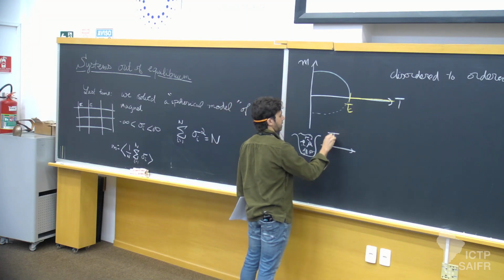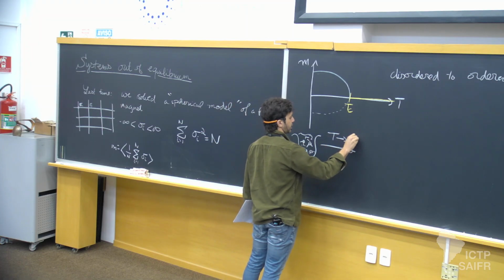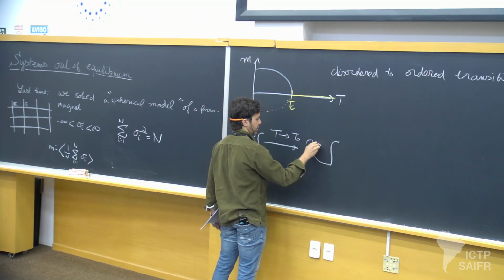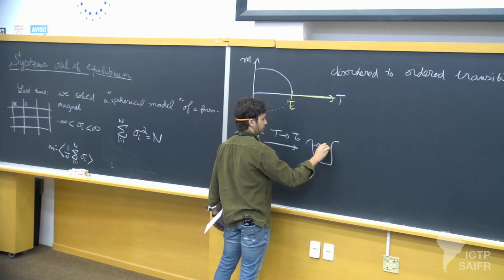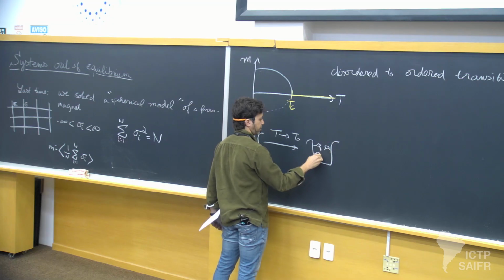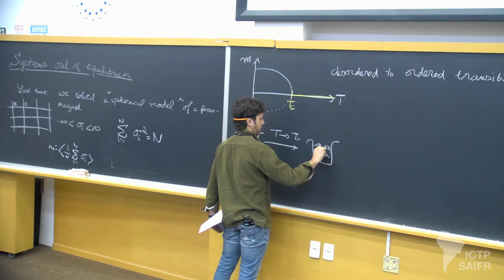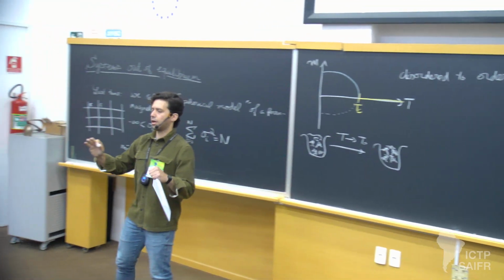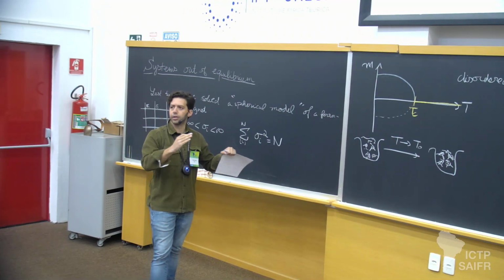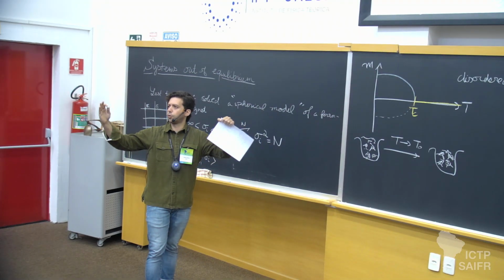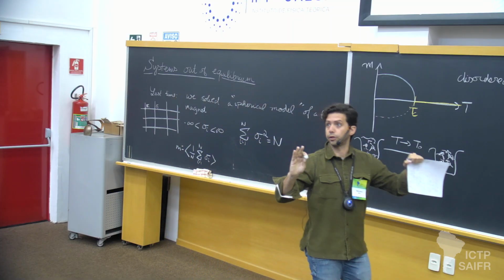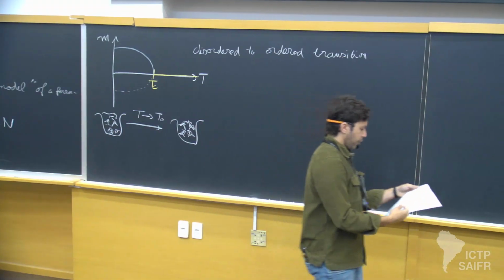As you take T towards T glass, this thing doesn't order, and it just remains the same, just no longer flows. So the dipoles of the water don't arrange themselves in any order. If you had ice, this would form a regular lattice. All of the dipoles of the water would point in the same directions, and you would say the system is ordered.